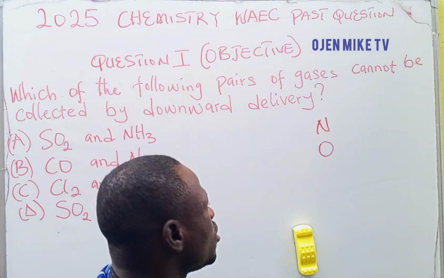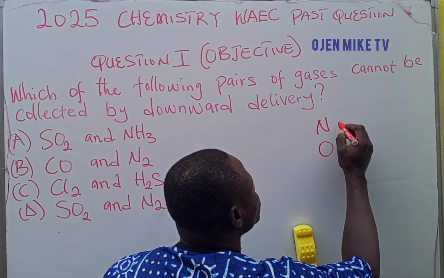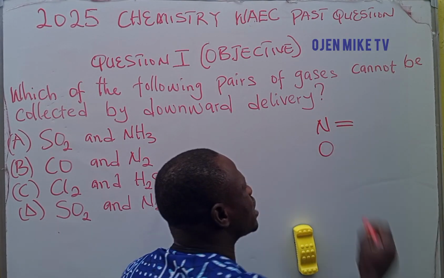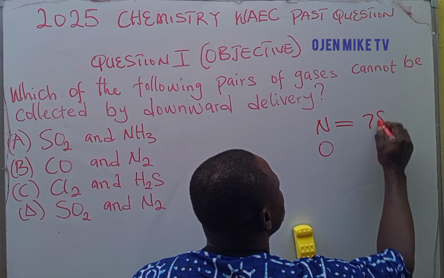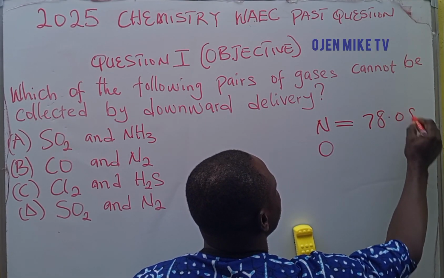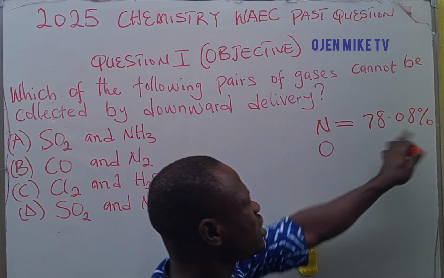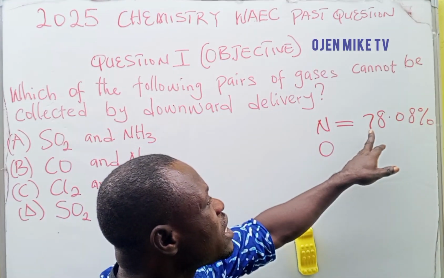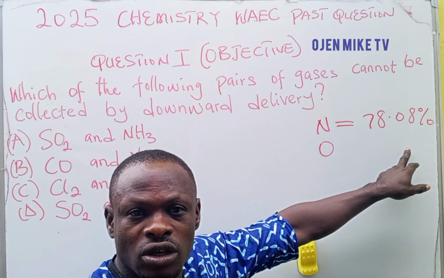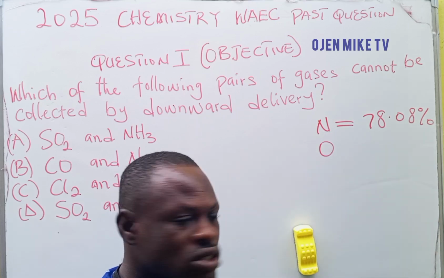Those are the two major components that make up the air that we breathe. But the amount of nitrogen in the atmosphere is more than that of oxygen. Nitrogen is 78.08%, so the air that we breathe contains about 78% nitrogen.